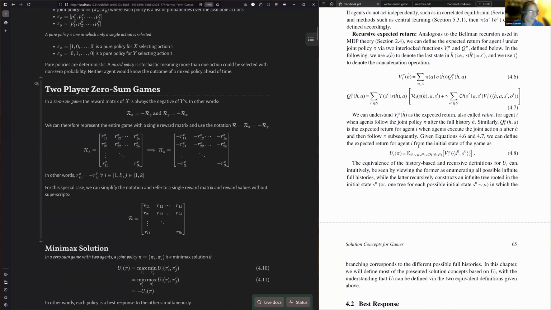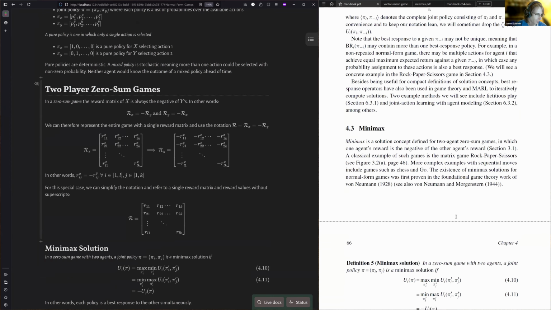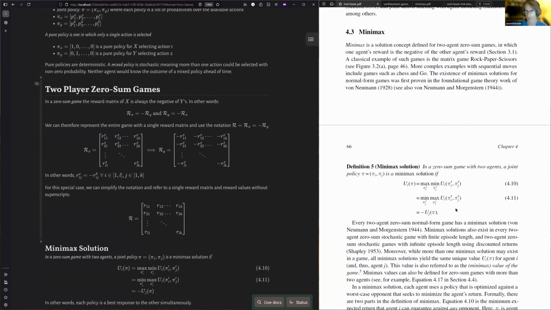Okay, so now we're at 2-player zero-sum games, and now we can talk about the first real theorem that ever existed in game theory, which is the Minimax theorem.